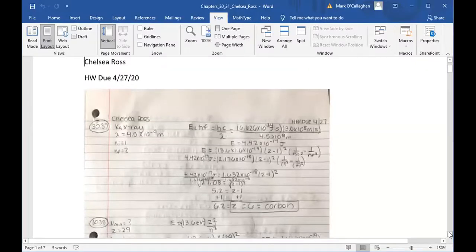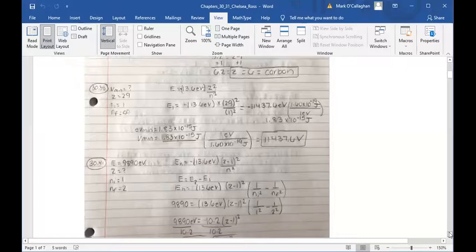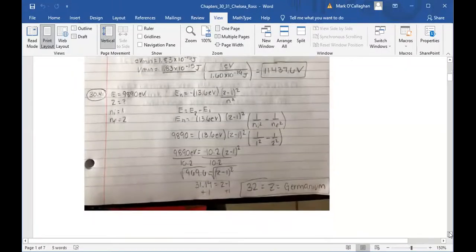So what she did is she took very careful pictures of her work and scanned them in very nicely. You see this work here. This is very nicely done, in order, very easy to read.